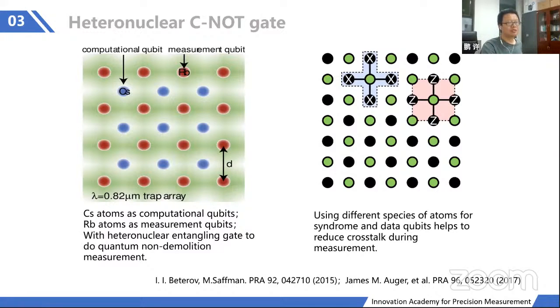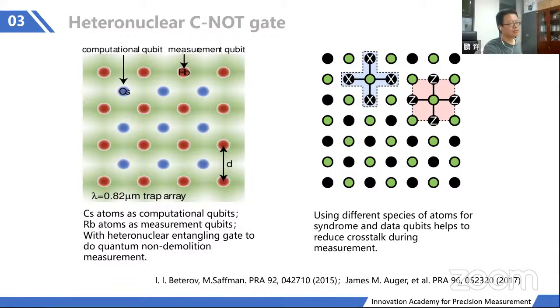This is important in the near future for quantum error correction, especially since in this paper they have proposed some error correction codes using heteronuclear systems. So these are the major motivations for us to construct the heteronuclear system.